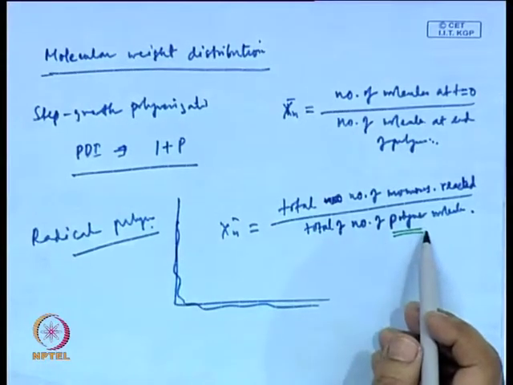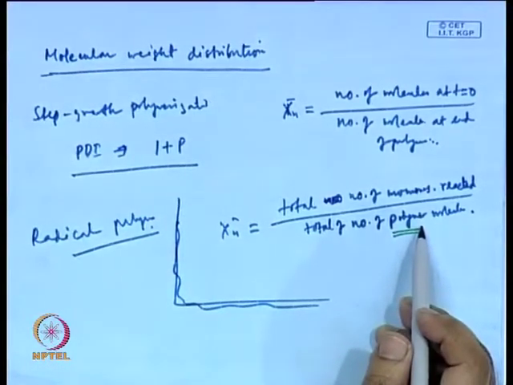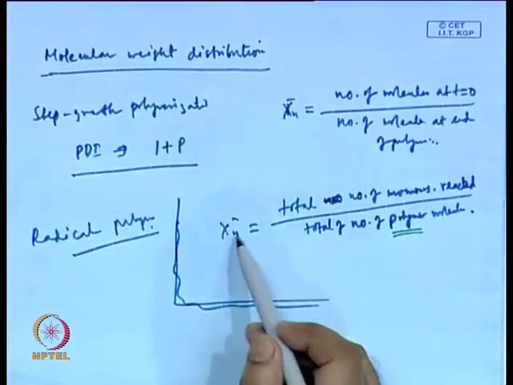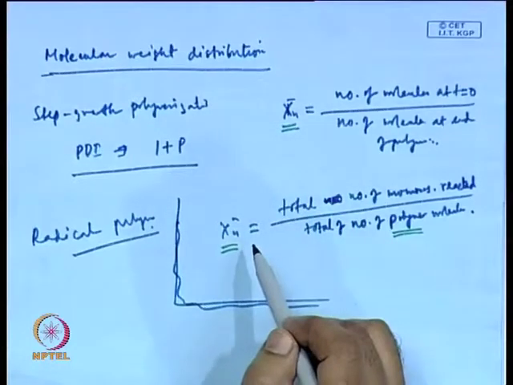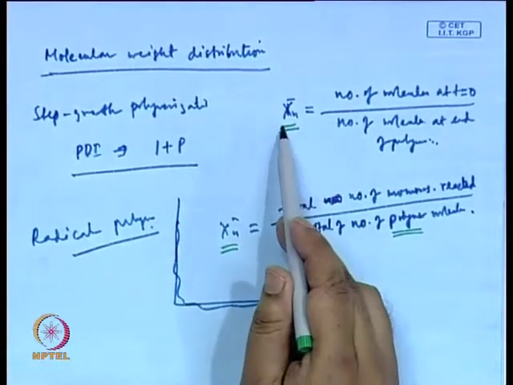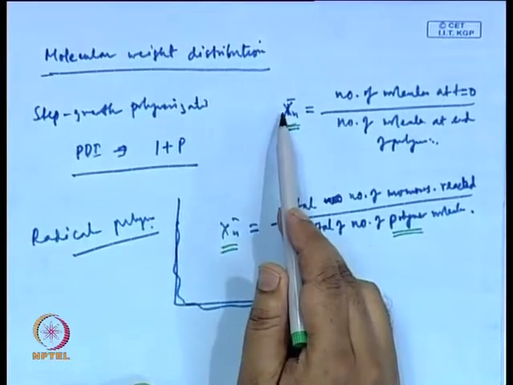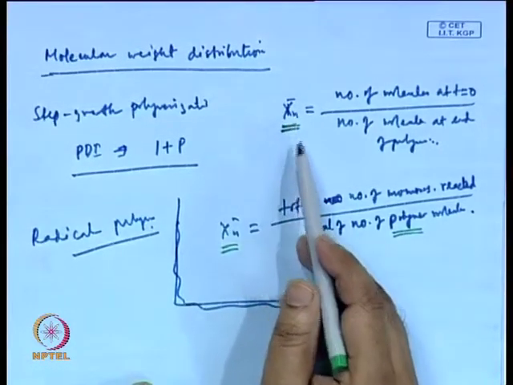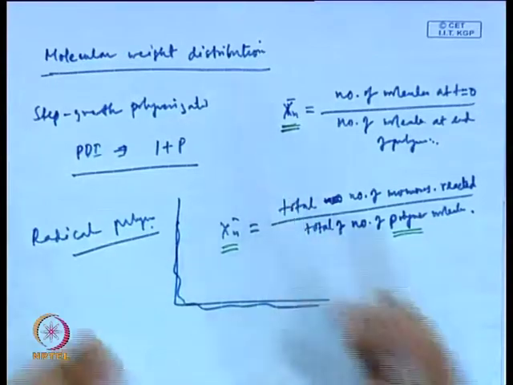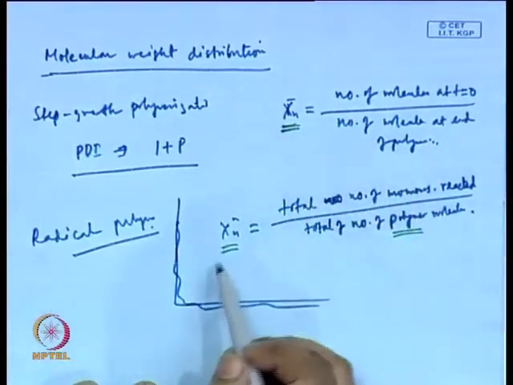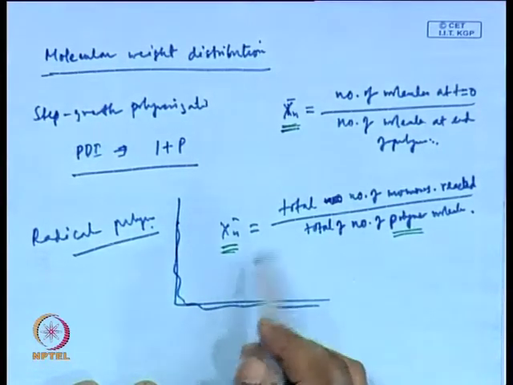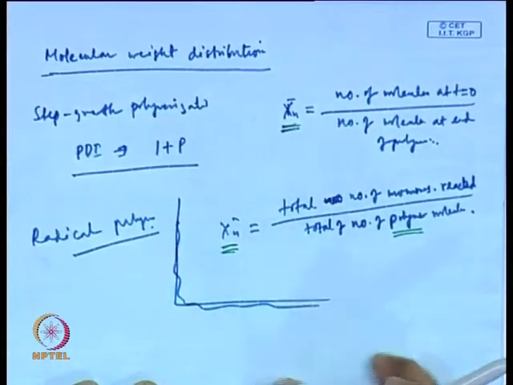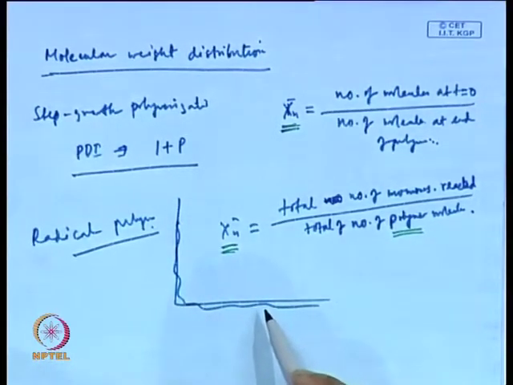So, this does not contain the unreacted monomer. Okay. So, that is the fundamental difference between Xn in radical polymerization and Xn in step growth polymerization. In step growth polymers, Xn is considered at the end of the reaction, whereas in radical polymerization Xn varies each time dead polymer chains are forming. So, Xn will vary with time.